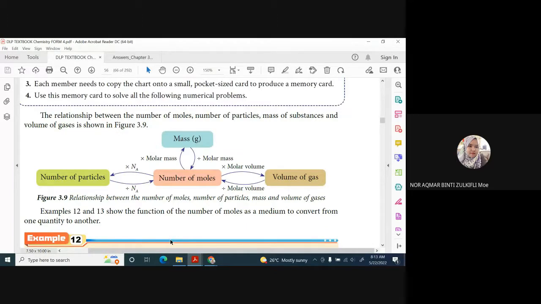Since you have learned the concept of number of moles with mass, number of moles with Avogadro constant, and number of moles with volume of gas, actually they have a relationship between these three concepts.